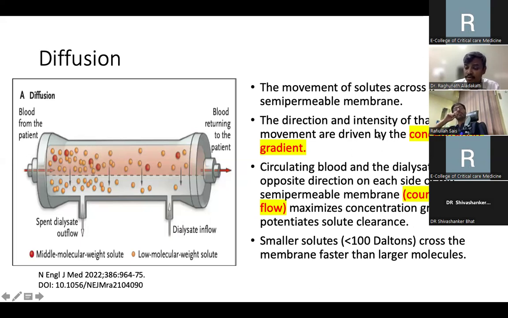Diffusion is commonly used in hemodialysis. Please remember, here I'm talking only about the basic principles involved in hemodialysis, hemodiafiltration, and ultrafiltration techniques. The basics of acute renal failure and the need for dialysis we'll discuss some other time. I think there are also modules available with respect to that.